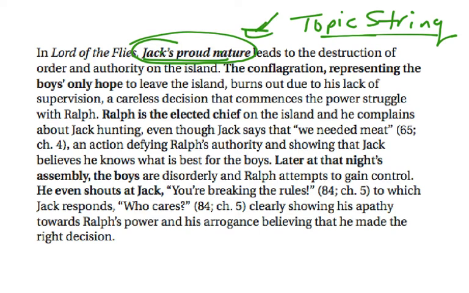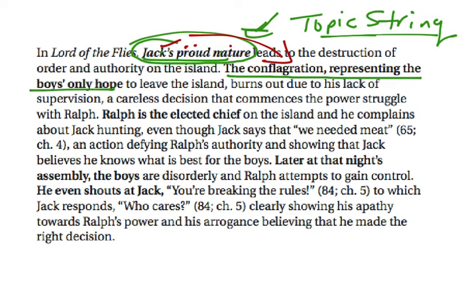But if you look at the topic string, the first several words of the sentence, you'll notice that they don't have anything to do with Jack. So right away, we enter the second sentence, and we hit the conflagration, which is a fancy word for fire. That has nothing to do with Jack. They're not synonyms for that one. Representing the boy's only hope.